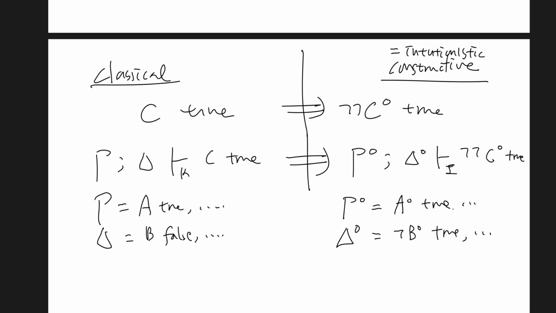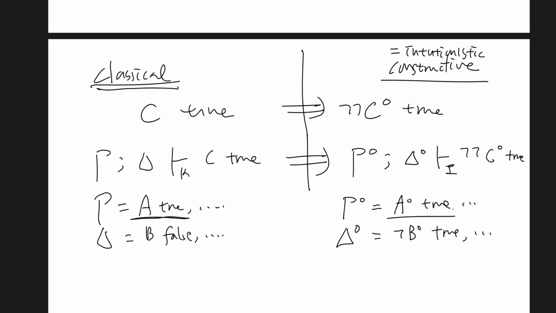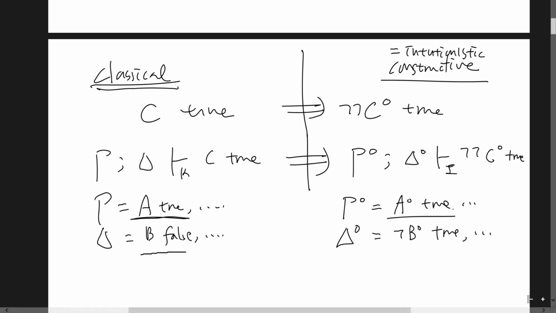So the idea is that an assumption of A true in classical logic is translated to A circle true. Well, there's no surprise here. And an assumption of phi false is translated to negation B circle true, which makes sense because phi false means, roughly speaking, negation B is true.